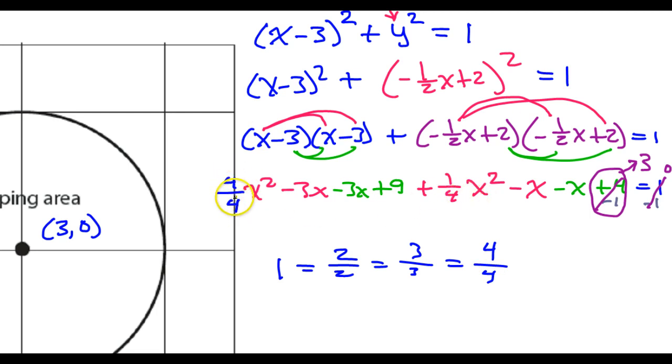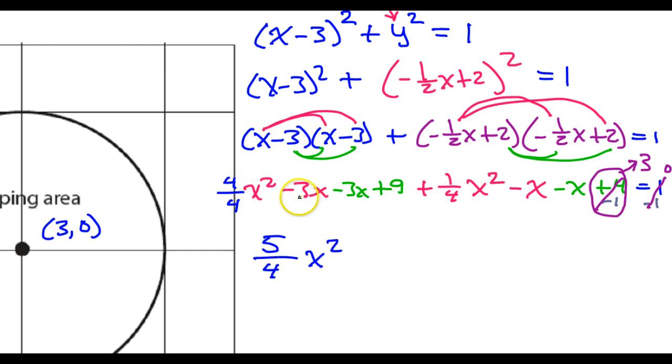Alright? So I can say 4/4 x squared plus 1/4 x squared is 5/4 x squared. Negative 3x and negative 3x is negative 6x, negative 7x, negative 8x. And then we have 9 and 3, so that's 12, equals 0.